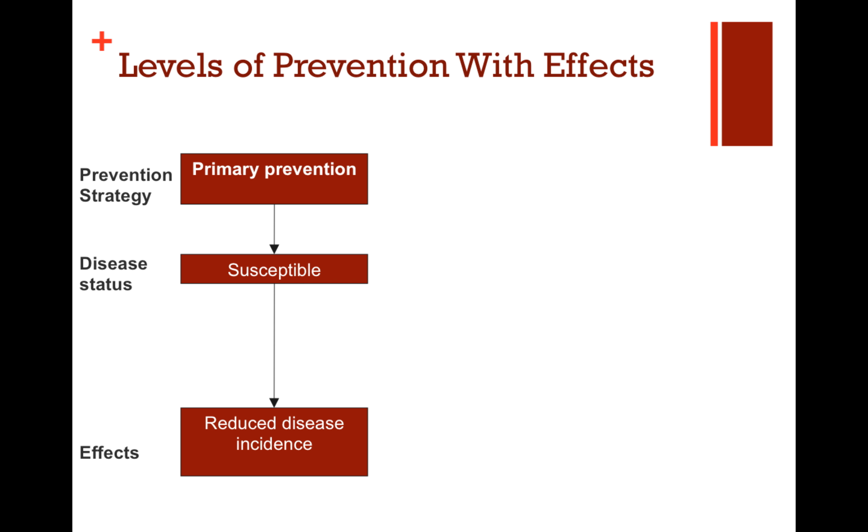This can be by promoting access to healthy fruits and vegetables, by reducing air pollution and water pollution, by maintaining safe standards for foods that we purchase in stores, by things like providing vaccines. So we want to take people who are not yet sick, who do not yet have an adverse condition, and prevent them from getting it at all. This is the most cost-effective way of providing healthcare.